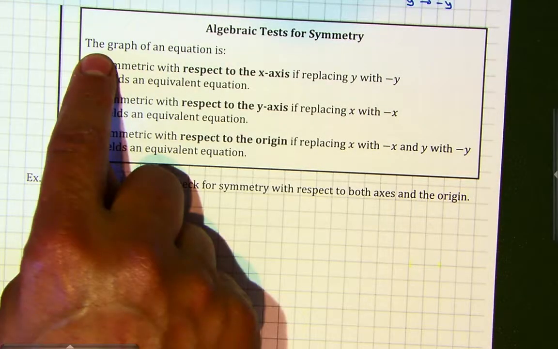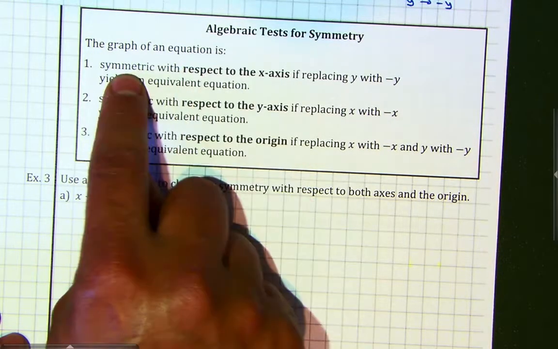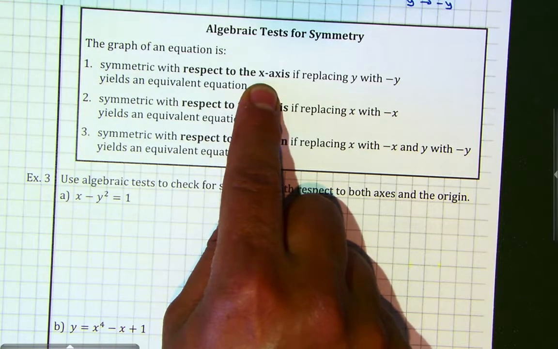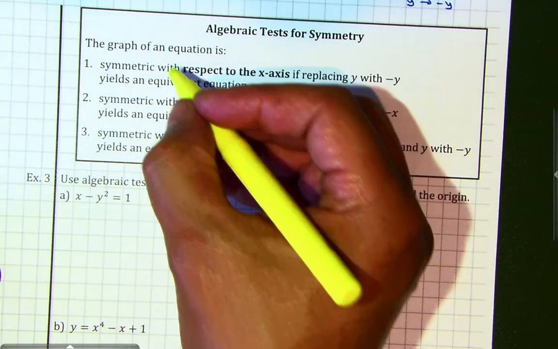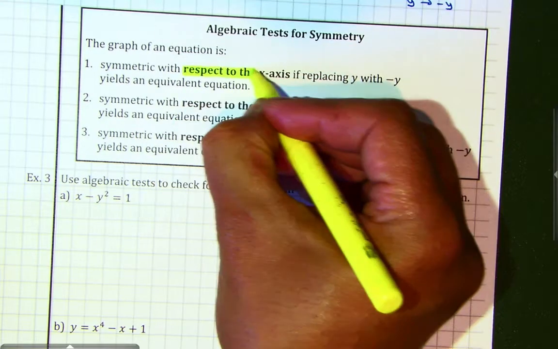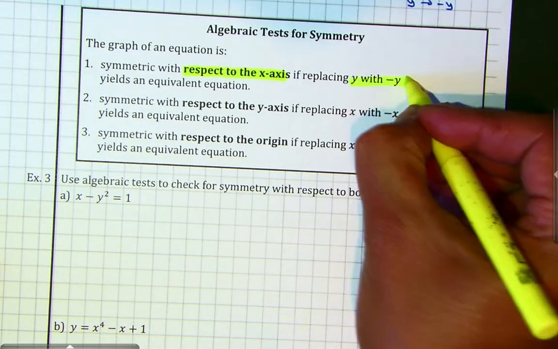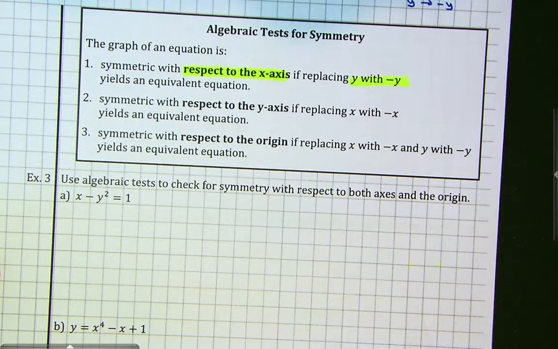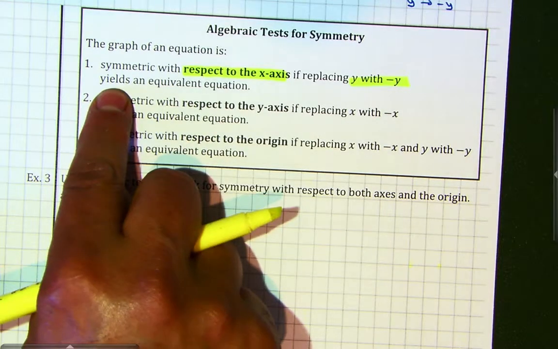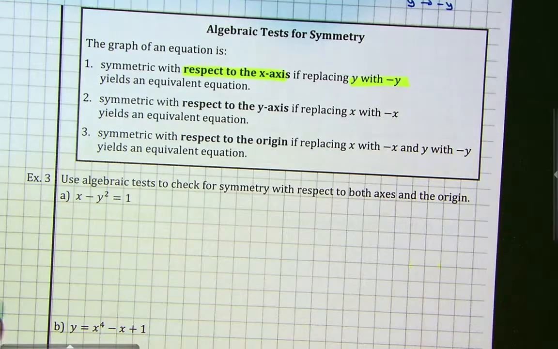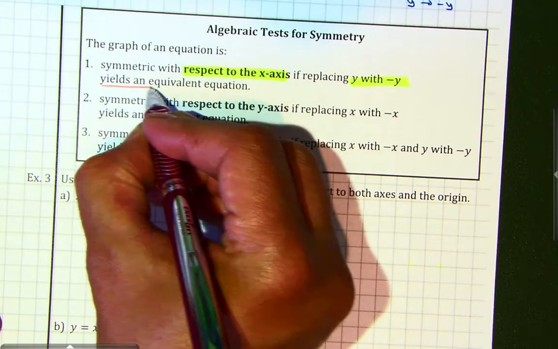The graph of an equation is symmetric with respect to the x-axis if, whenever you're testing for symmetry with respect to the x-axis, replacing y with -y yields an equivalent equation, and this is essential. We'll come back to this in a second.